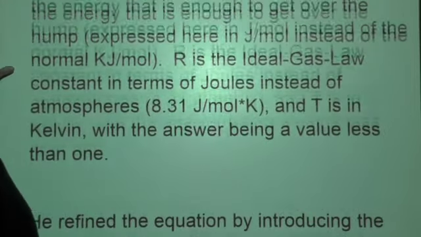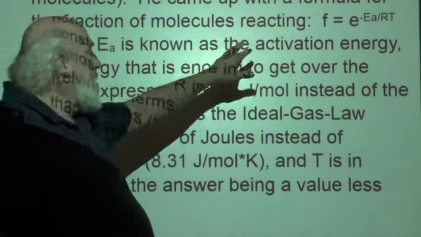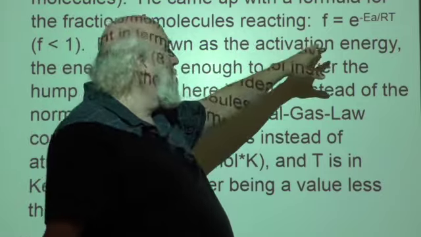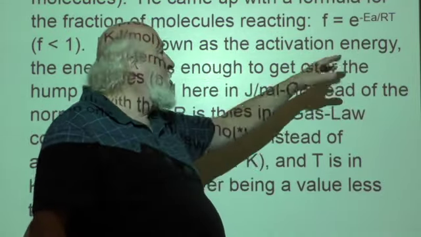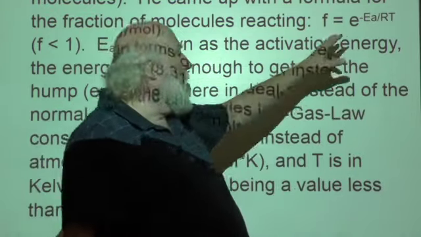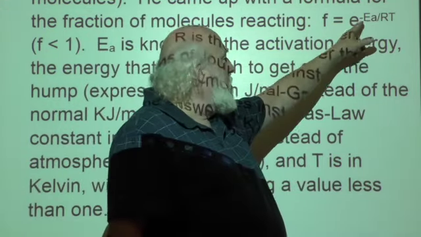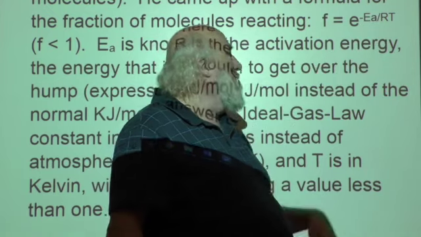Now, what he found was that a fraction of the molecules were going to react using this formula right here. Now, e, if you may or may not know, is called the natural number found by Euler. And the exponent of e is negative activation energy divided by RT.